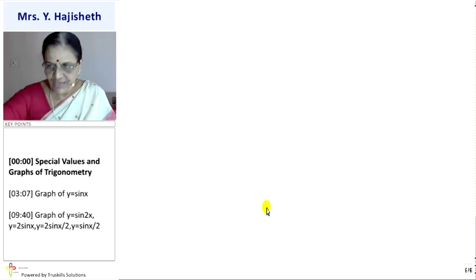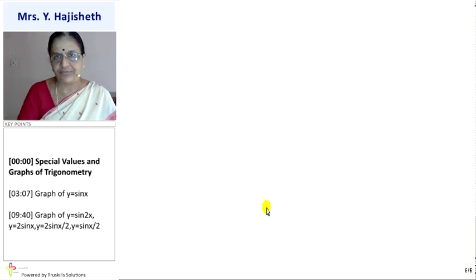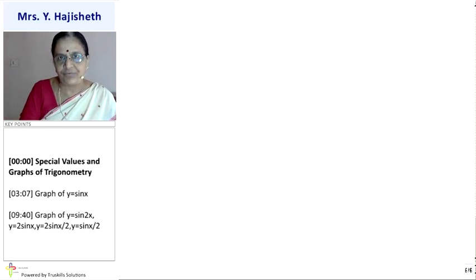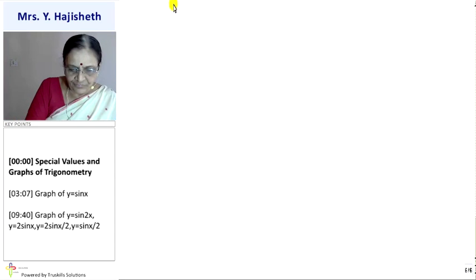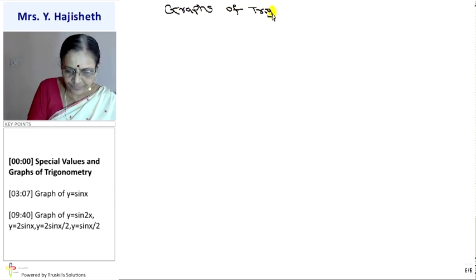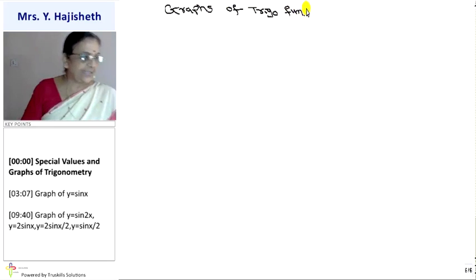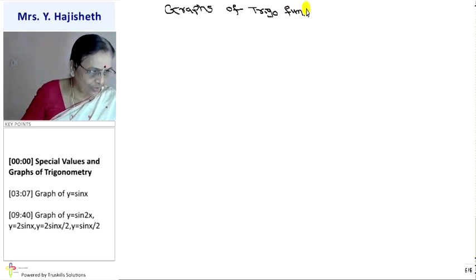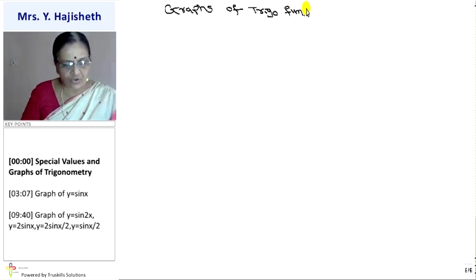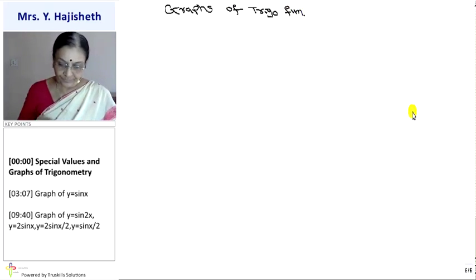See, if you want to construct the graph of chapter number 5, graphs of values we have done already, graphs of trigonometric function. And in our syllabus, if you refer to the textbook, only 3 graphs are given.